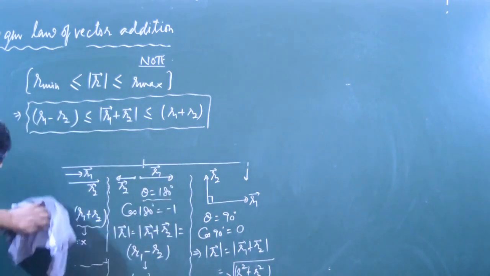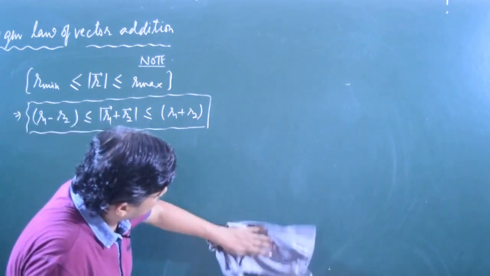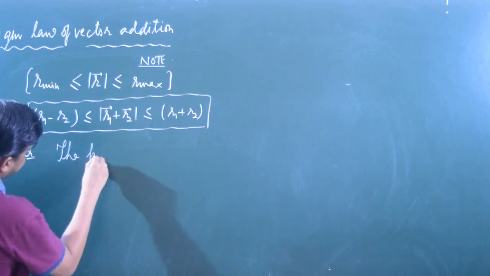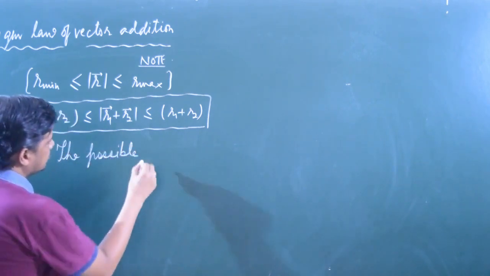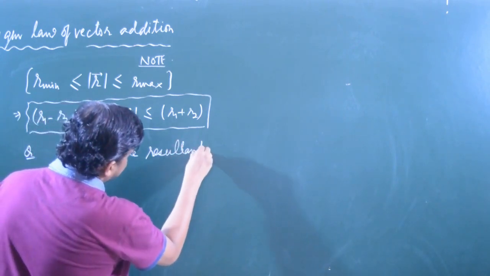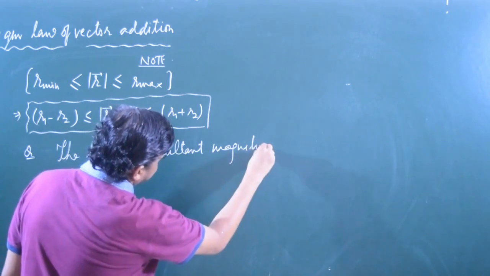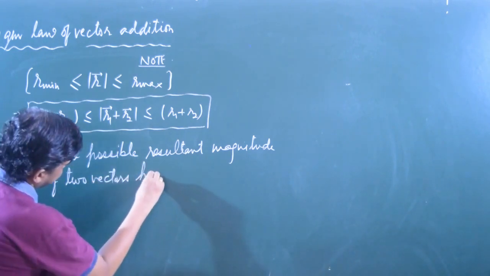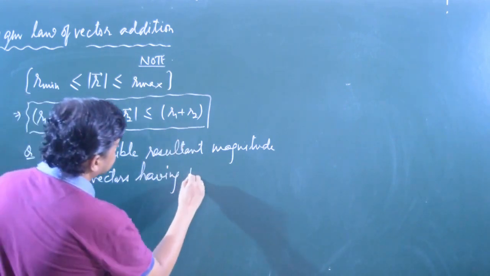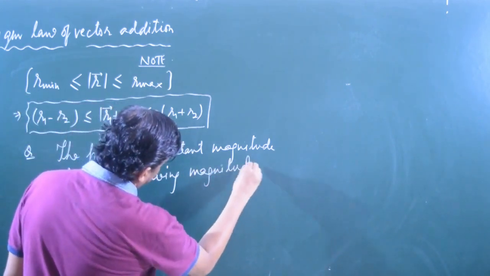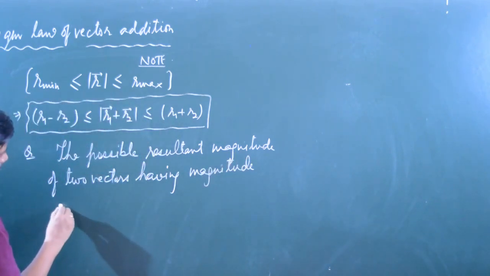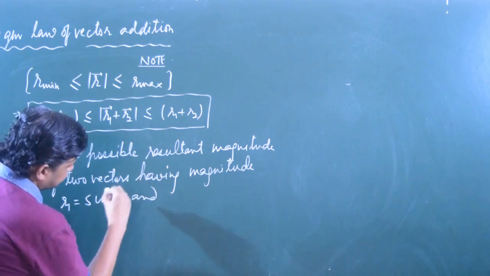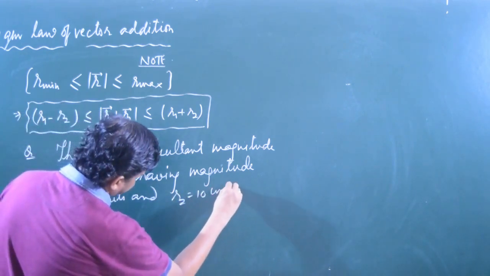Now see the question we have. The possible resultant magnitude of two vectors having magnitude R1 equal to 5 units and R2 equal to 10 units.